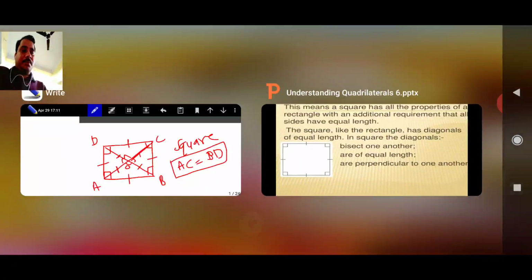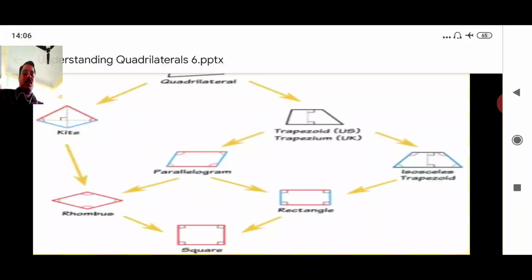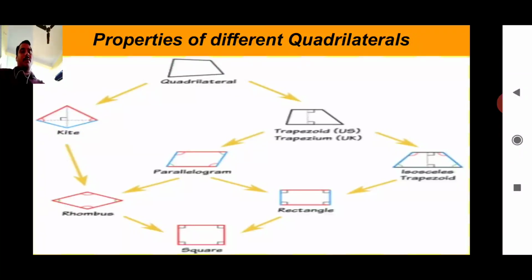Next one, here the properties of different quadrilaterals are given by a diagram. Here the first one is a quadrilateral, then you can see here in the left corner a figure of a kite is given, and the two uppermost lines are red color and the two lower lines are blue color.